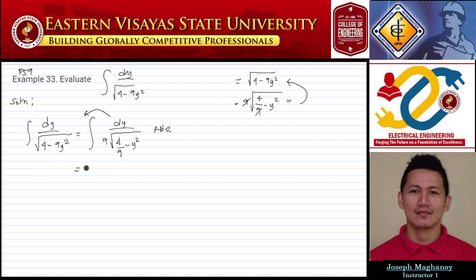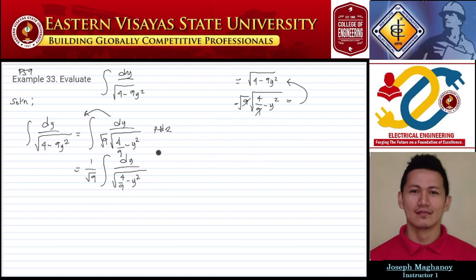In this function, we carry out 1 over the square root of 9, since this is inside the radical. So we carry out our 1 over the square root of 9 real number constant, integral of dy over the square root of 4 over 9 minus y squared.